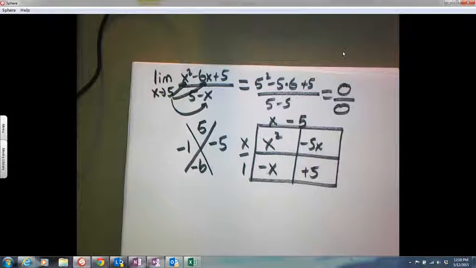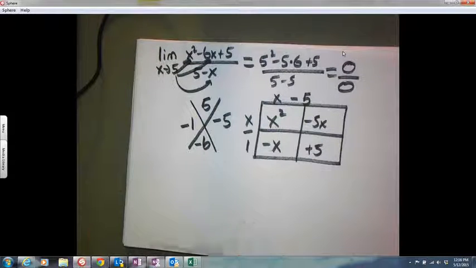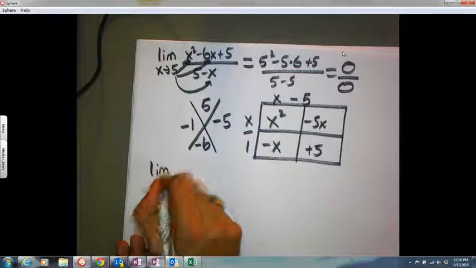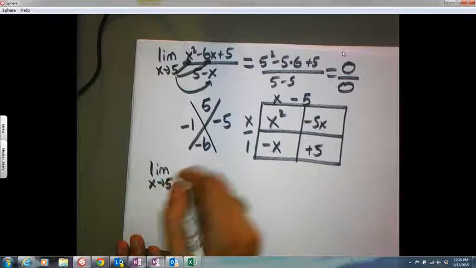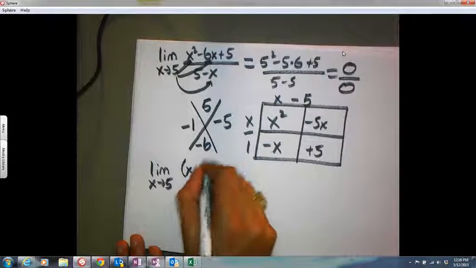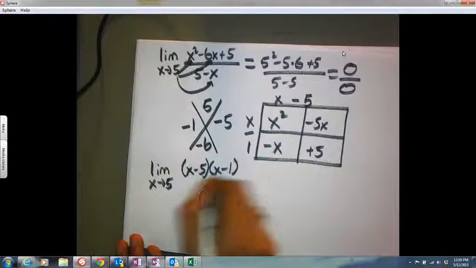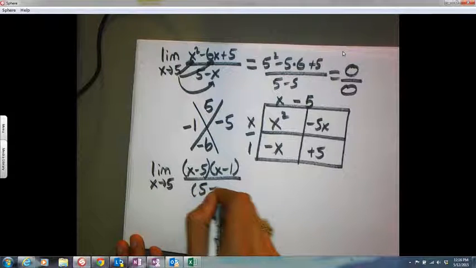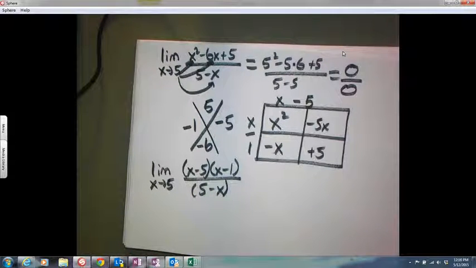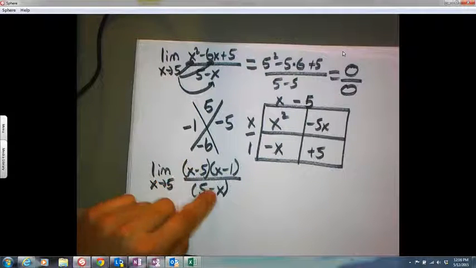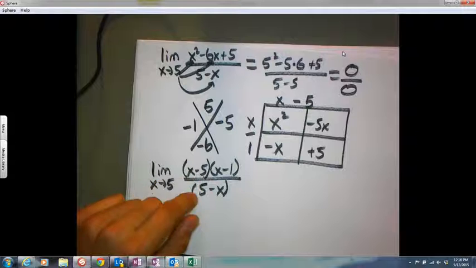So we've got limit as x goes to 5 of x minus 5 times x minus 1 over 5 minus x. Many people want to cancel these. Cannot do that because this has a negative 5, this has a positive 5. This has a negative x, this has a positive x.